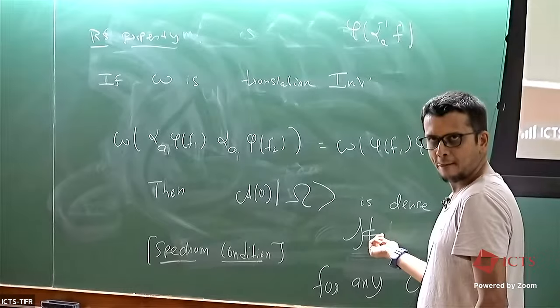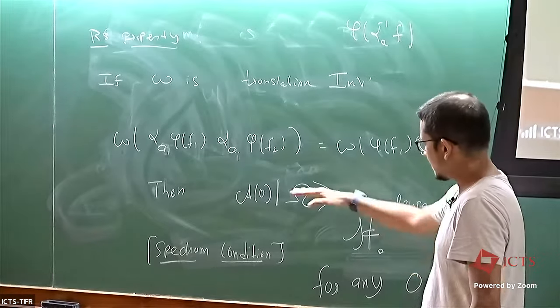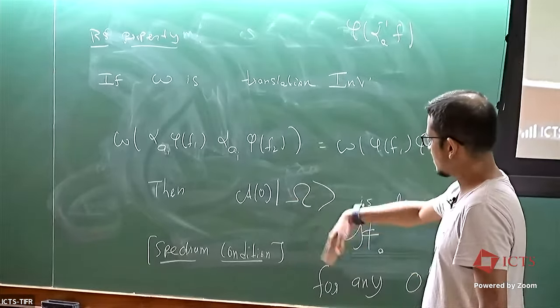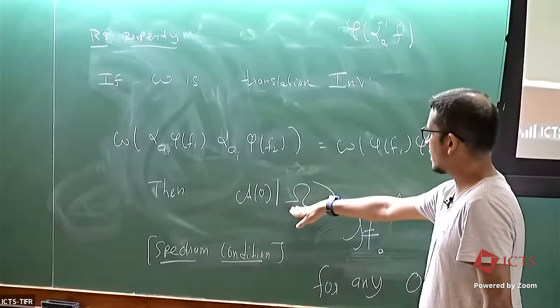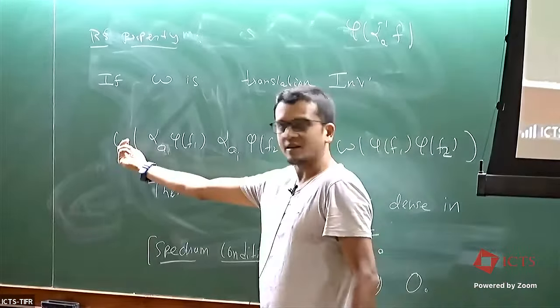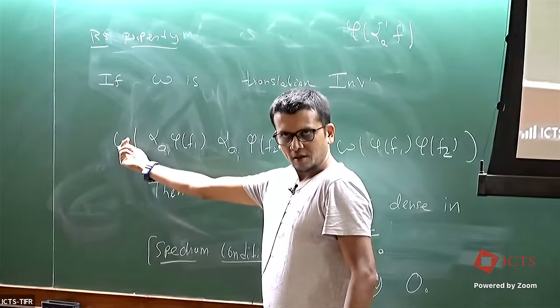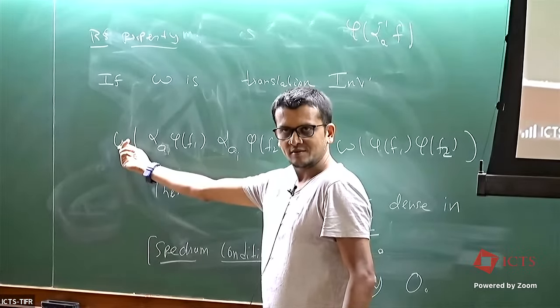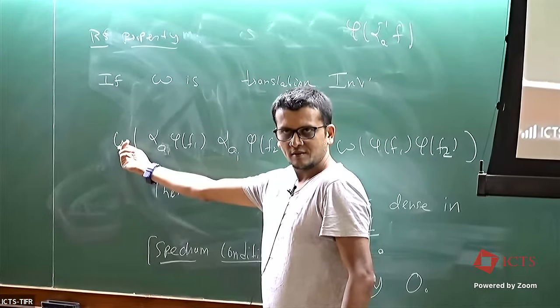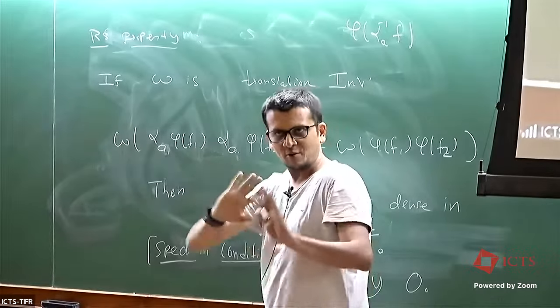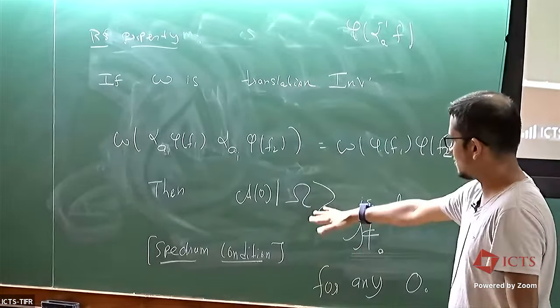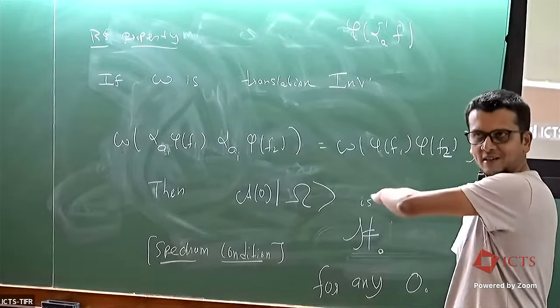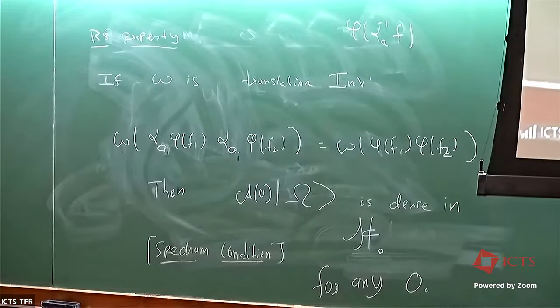This is the Reeh-Schlieder statement in this language, which assumes that the omega that we started with, which in our language was basically this, is translation invariant. So this is just the usual Reeh-Schlieder.